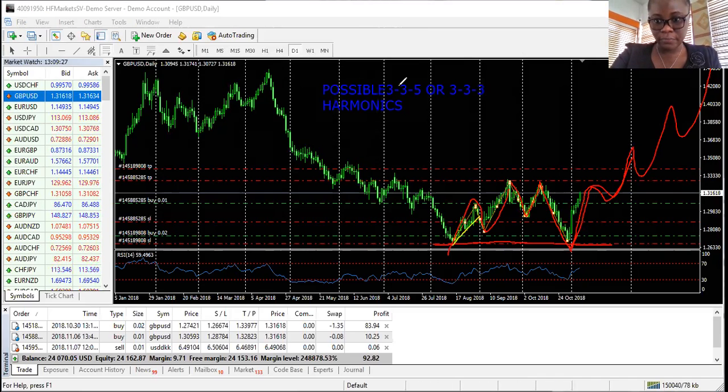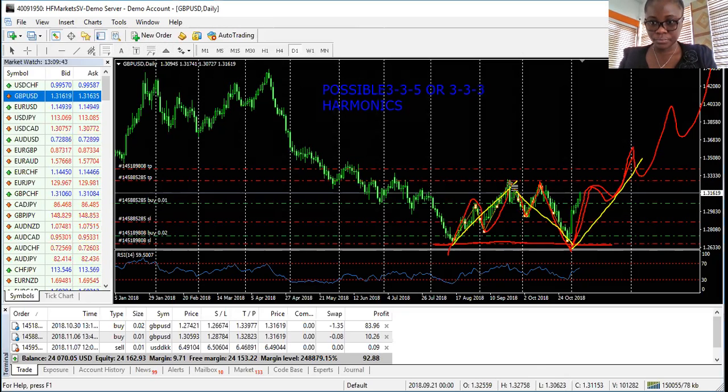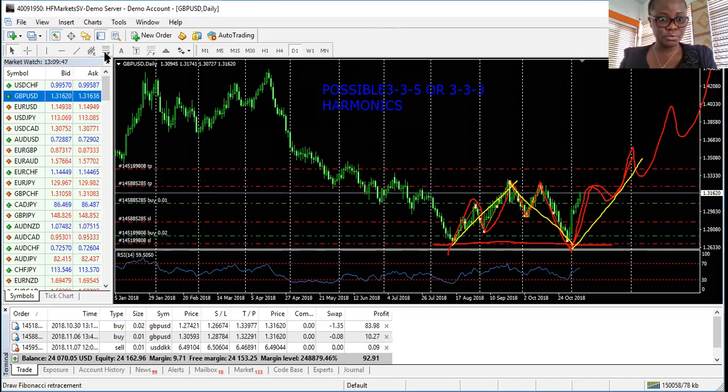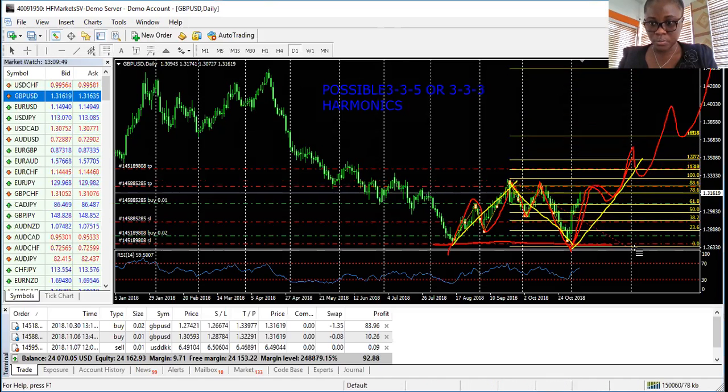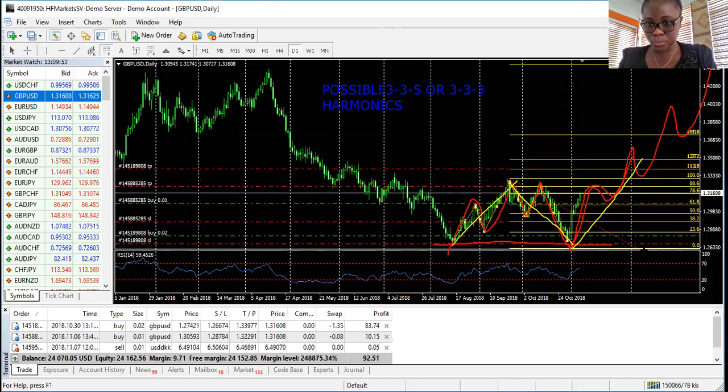So this is the first wave, the second wave, and a possible third wave. It could be something like a zigzag, I hope so. Let's use the Fibonacci ratio to see where our C will be getting to.